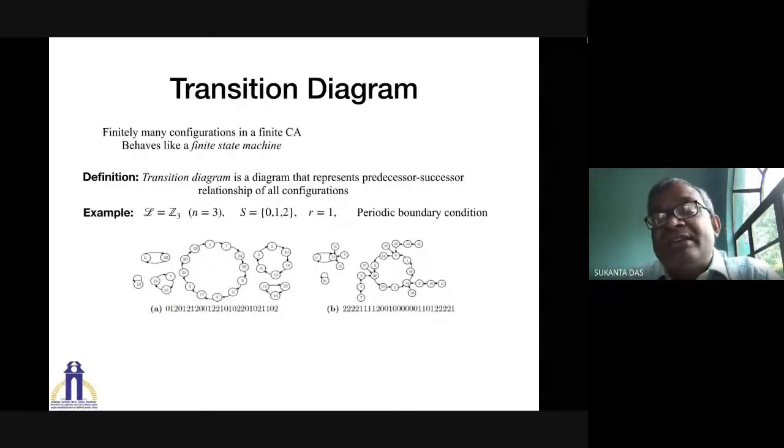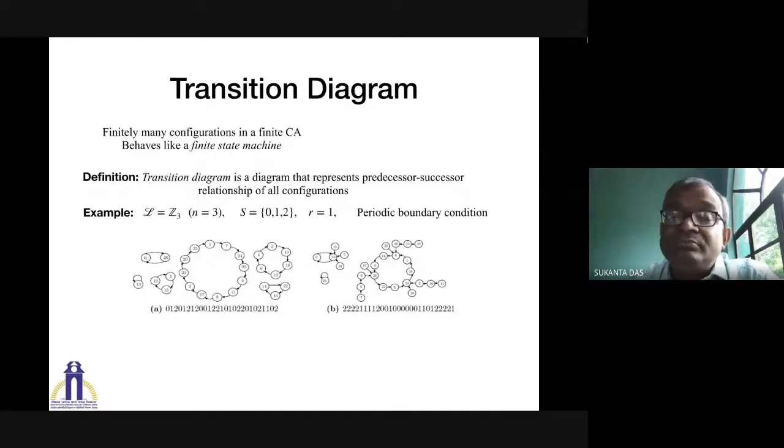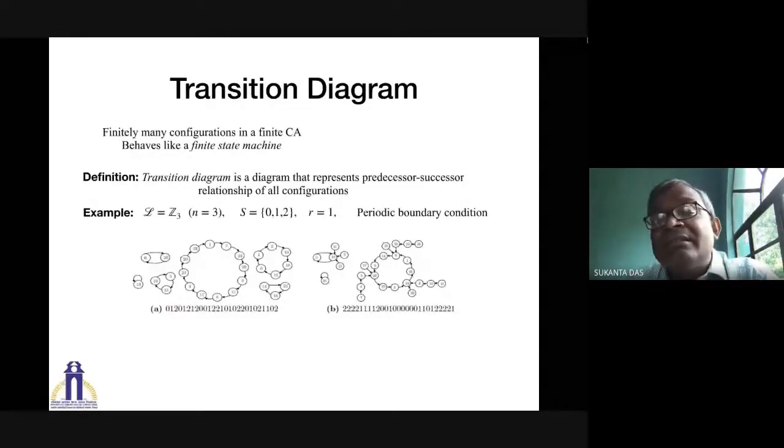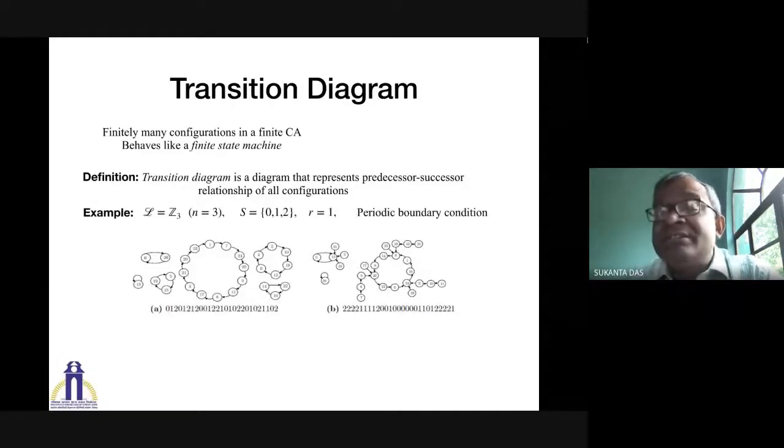So 24 is a configuration which can be reached from these three configurations. So you are getting here a flavor of many-to-one mapping.